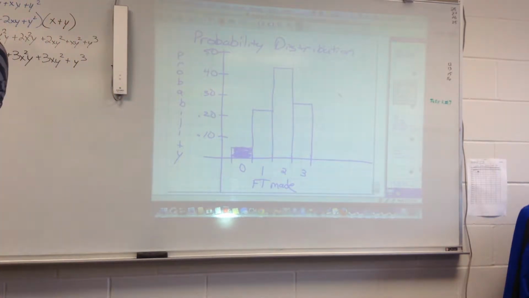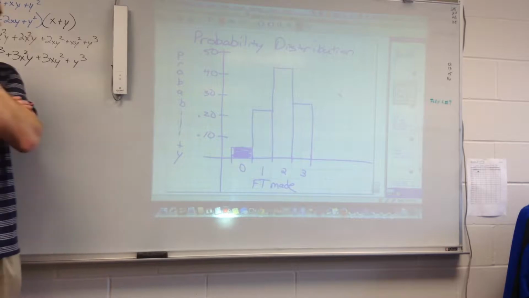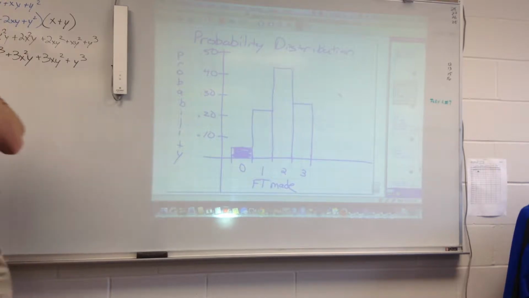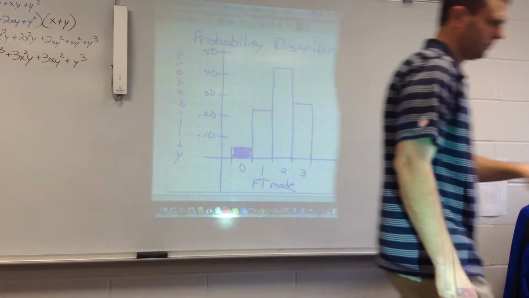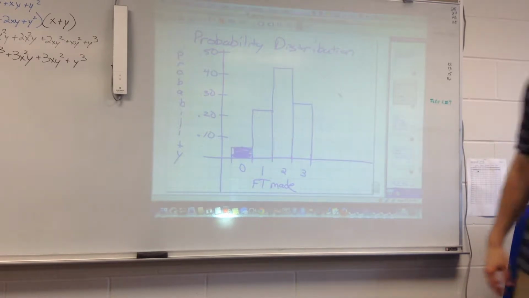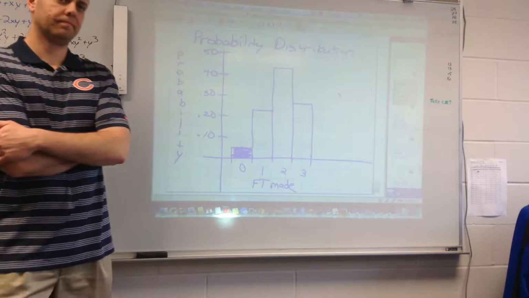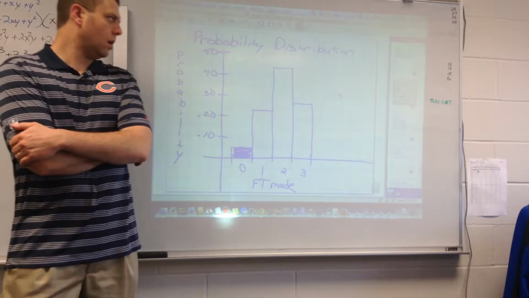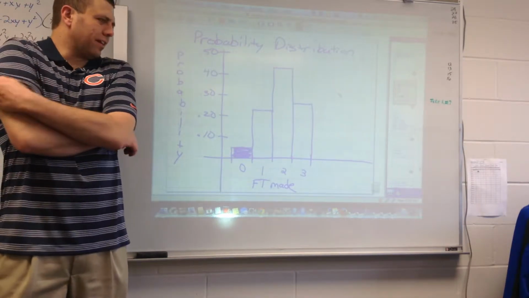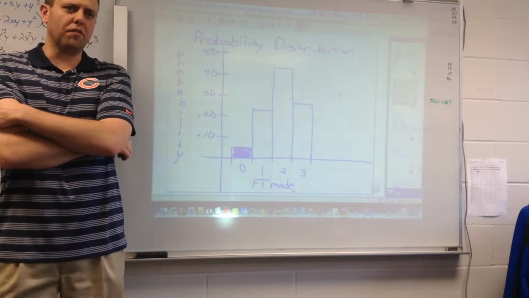Anything coming to mind? Yeah. You know how when we rounded it, it didn't add up to 100%? Will we have to write out like 5 decimal places or something like that? I think I asked you to go to 3 decimal places on all of them.